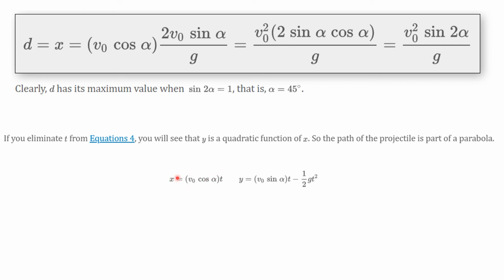You solve this for t, and then you substitute that value of t in here. But you see that means it's going to be a quadratic equation. In fact, you can see that this is already a quadratic equation in t, but when you substitute there, what you're going to have is a quadratic equation in x.